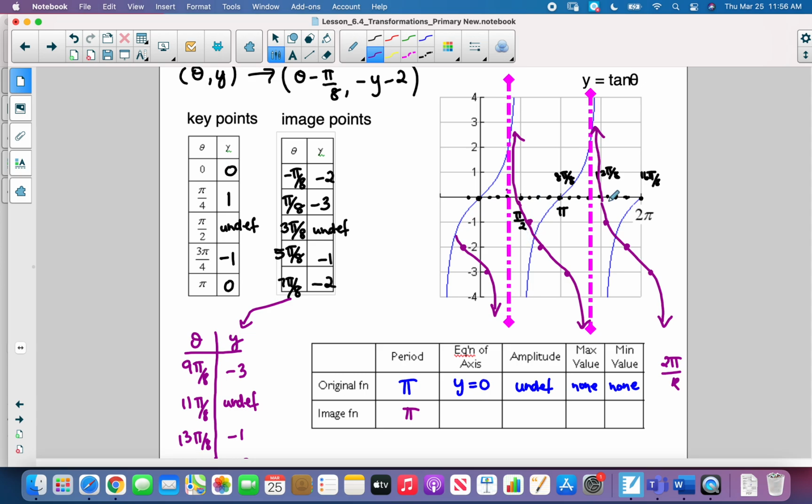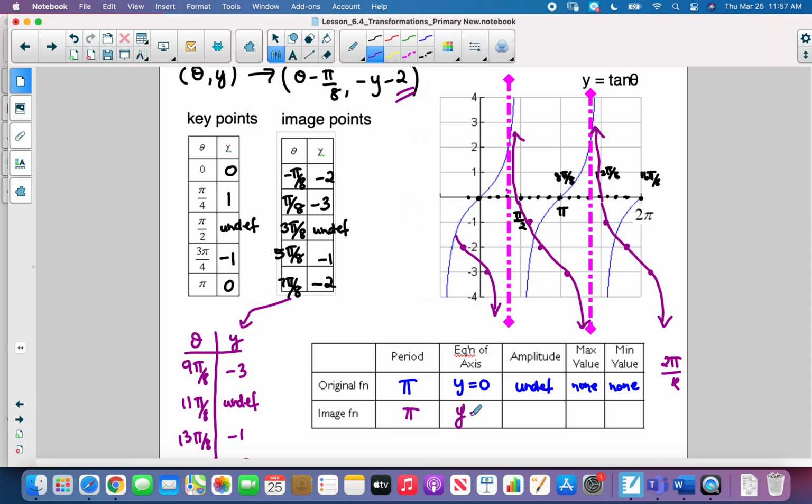The equation of axis is still y equals 0. If you look over here, what is our new equation of axis? Because we can see that there's a c value of negative 2.